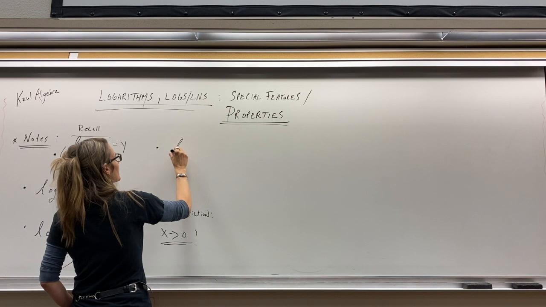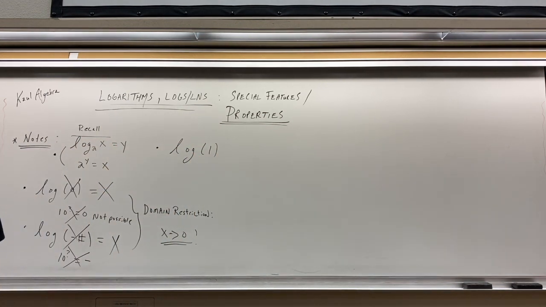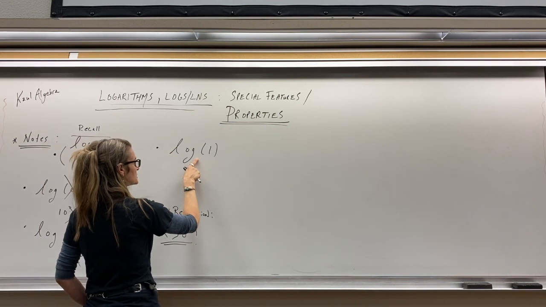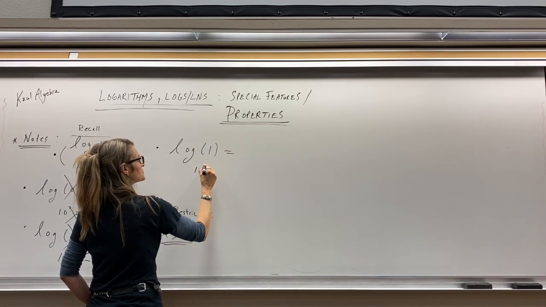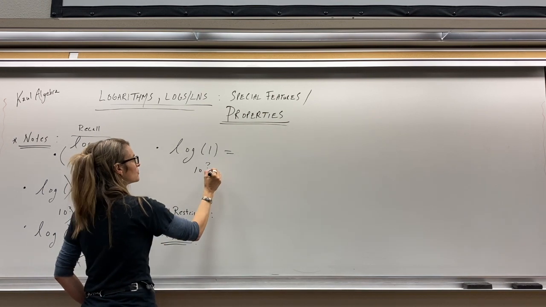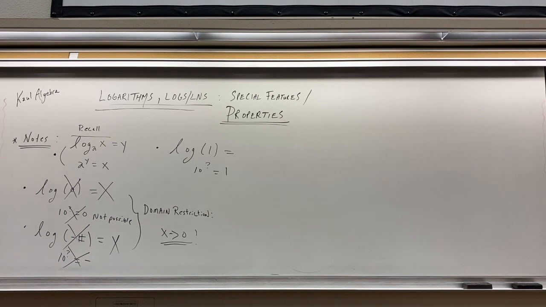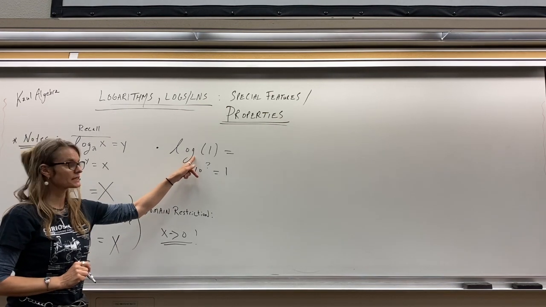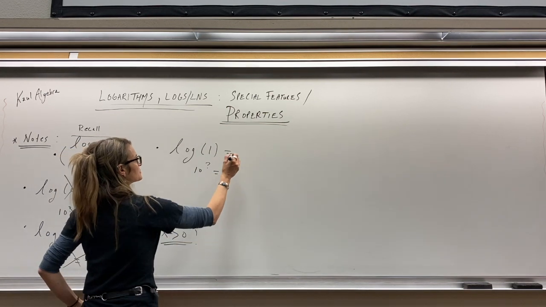If you have the log of 1, what will that equal? Again, remember that there's an understood base 10. So you're pretty much saying 10 to what power will equal the value 1. If you rewrote in exponential form, this would make sense. 10 to what power will give you 1? Well, that has to be 0.